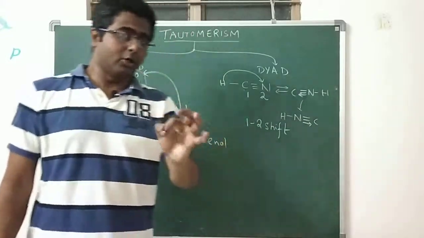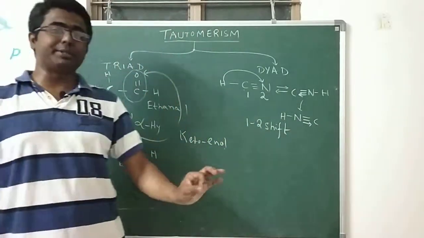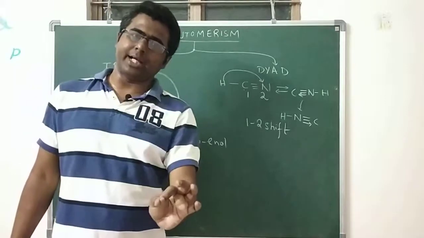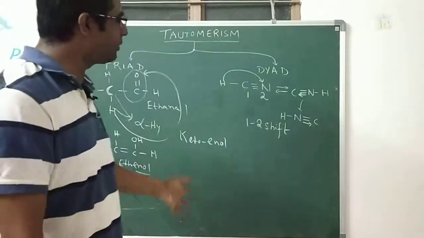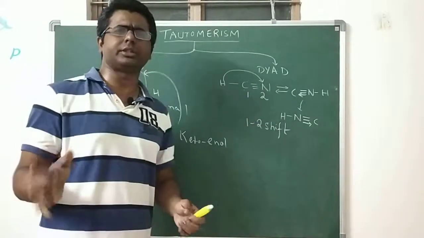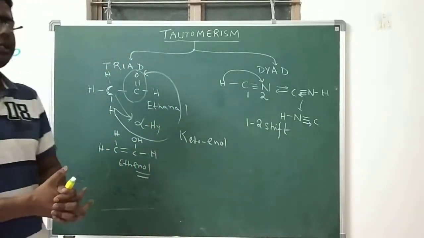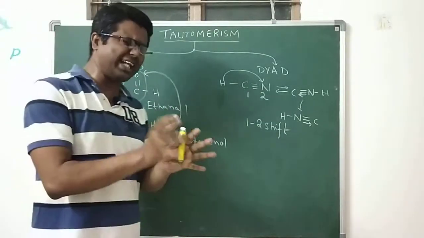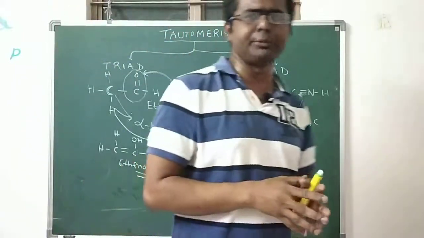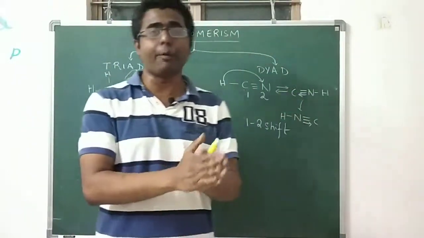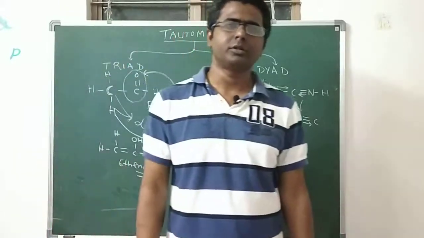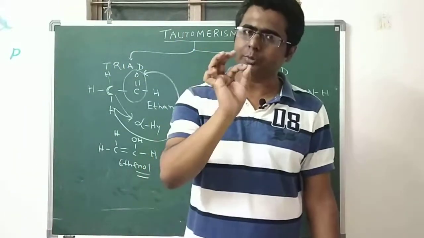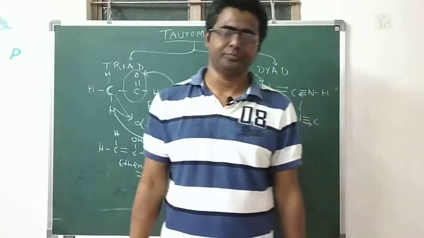भाई लोग देखो, keto-enol tautomerism is the simplest kind of tautomerism and the most important tautomerism. Okay? Most of the questions, in fact, all the questions that have been asked in most of the competitive examinations, barring a few questions in some competitive examinations, are asked from keto-enol tautomerism. क्यों? क्योंकि आपका टेक्स्ट बुक में keto-enol tautomerism ही ठीक से पढ़ाया है.